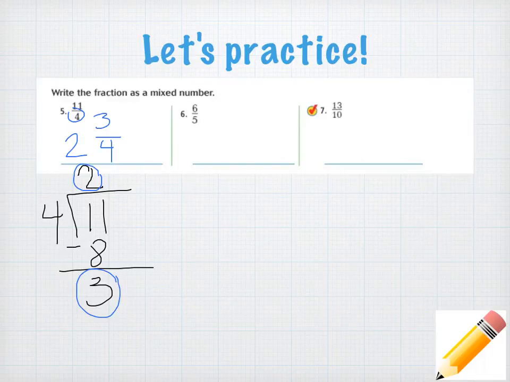I'm going to solve this second problem using the first strategy of using unit fractions, just so that we can see how we can solve that. So I need to find how many 1/5 pieces equal 6/5. So I'm going to write out 6 1/5 pieces.